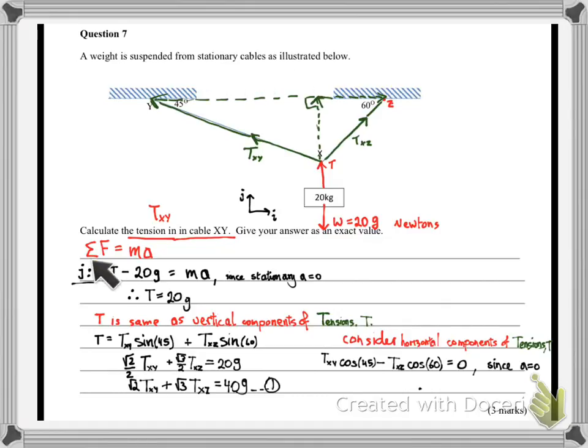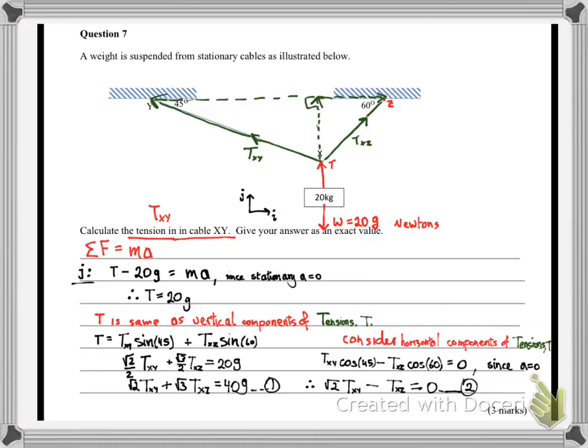So the sum of forces is equal to mass times acceleration, and if acceleration is 0, that means the sum of forces has to equal 0. Okay, and it presents us with this equation here.